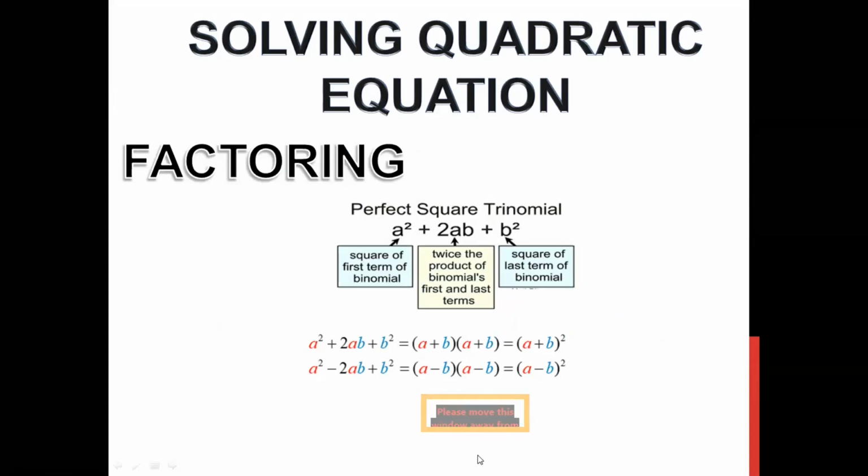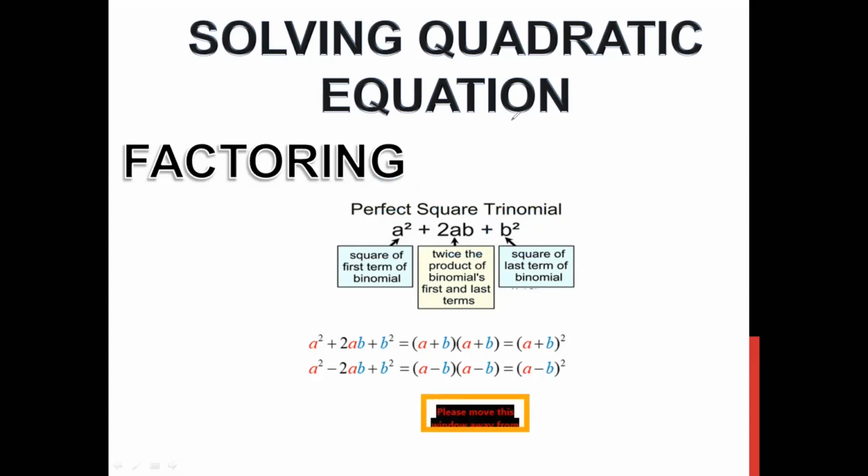The second term should be the product of the square root of the first and the square root of the last, multiplied by 2. Let's proceed so that I can explain it further.